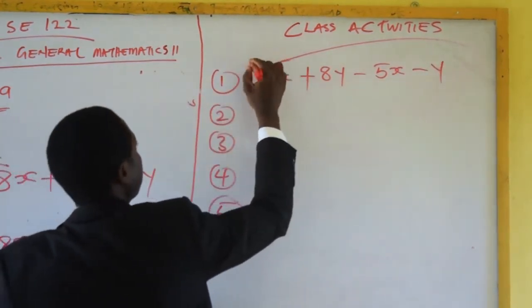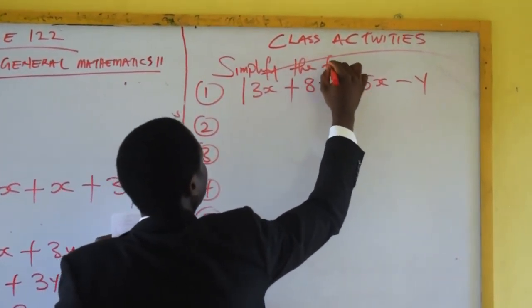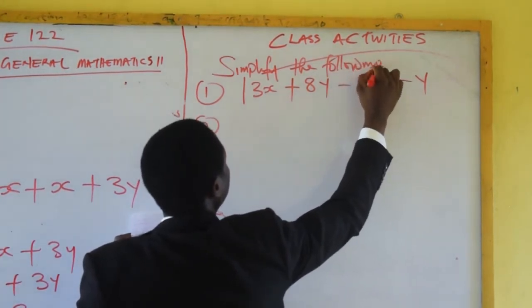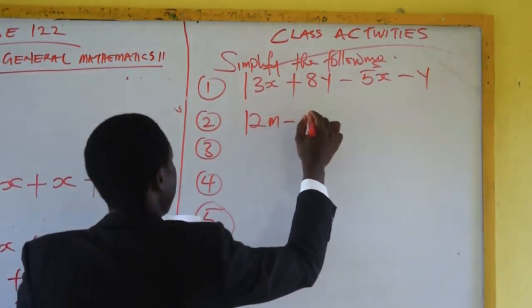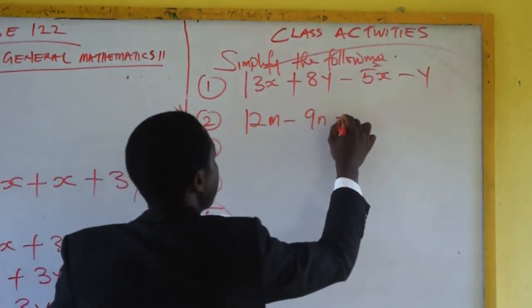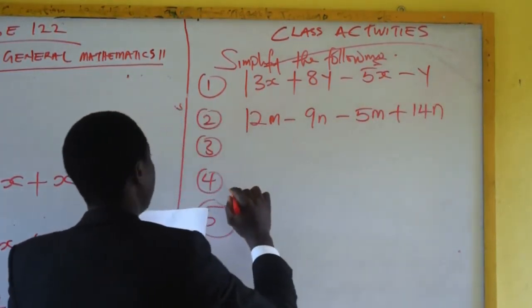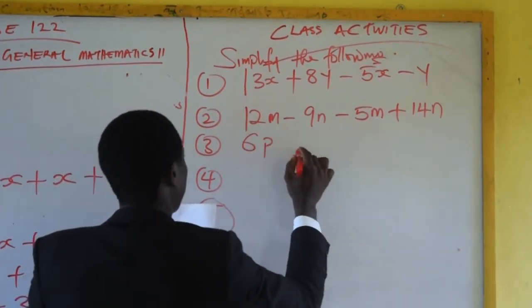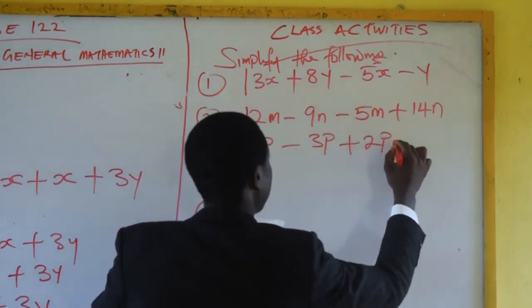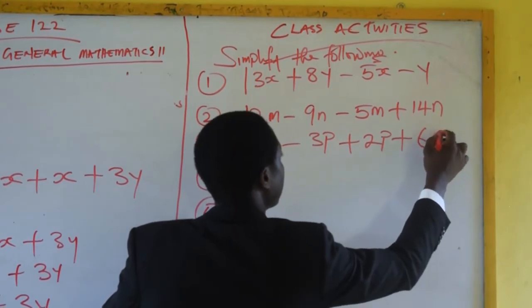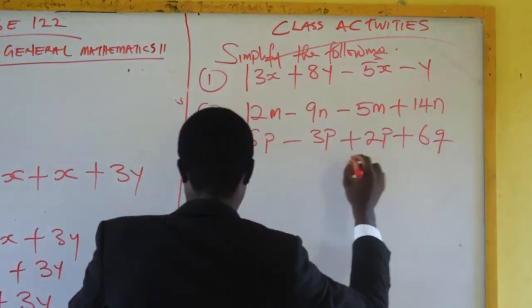We have to simplify them. Simplify the following. Number 2, 12m minus 9n minus 5m plus 14n. Number 3, 6p minus 3p plus 2p plus 6q.